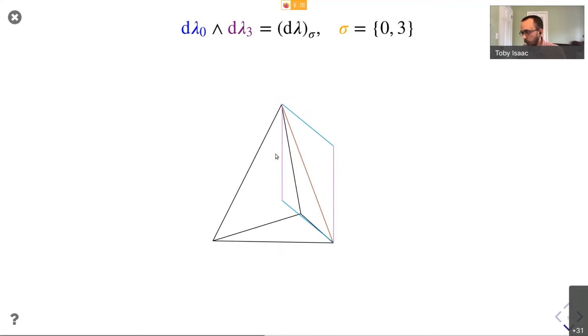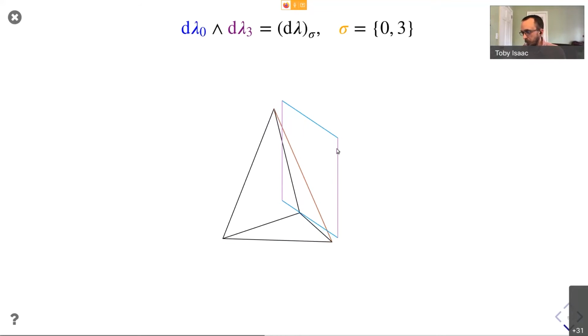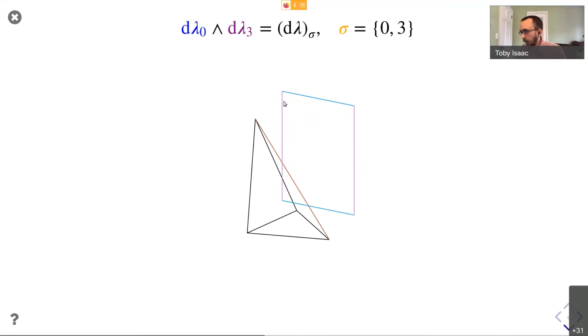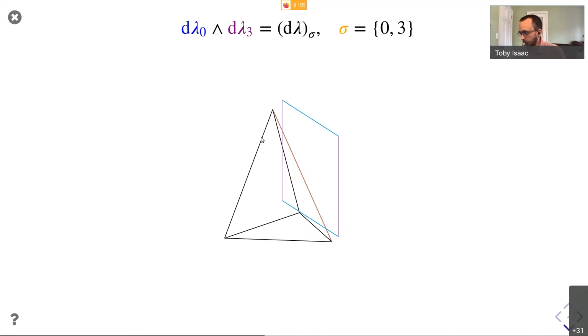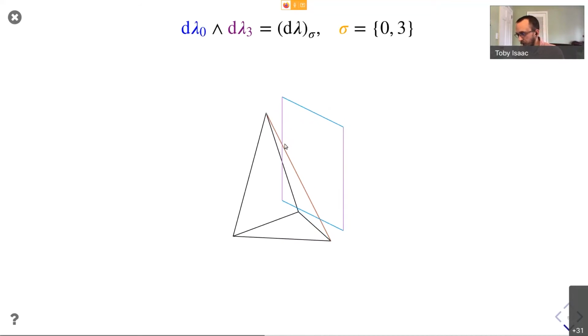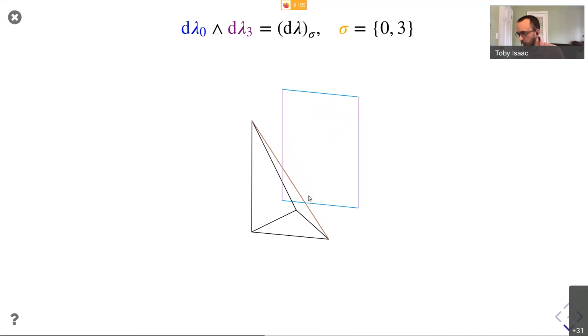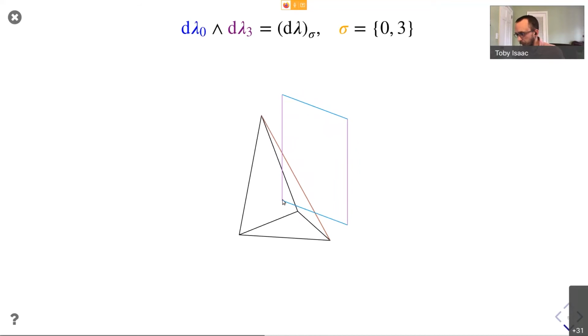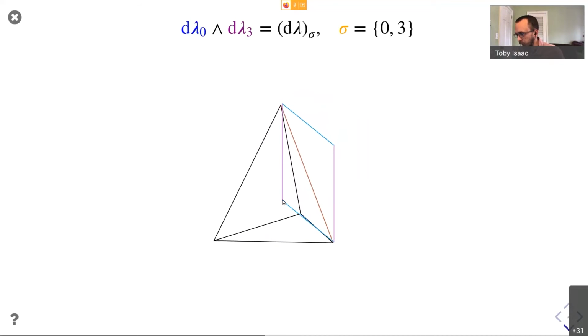And it will always construct a two form here represented by a parallelogram, which is now going to transform contravariantly. So it's not always going to be exactly touching these corners when I center it at the centroid.